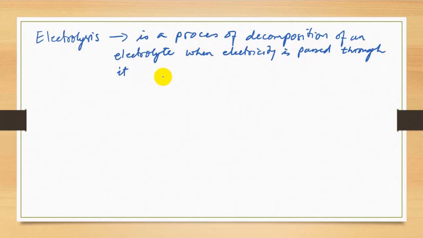Now, when you pass electricity, it is not the normal substance in which you are passing. The substance has to be either in molten state or in aqueous solution. So, through it, in its fused state or in aqueous solution.